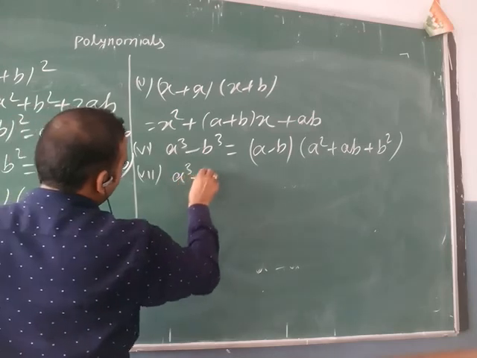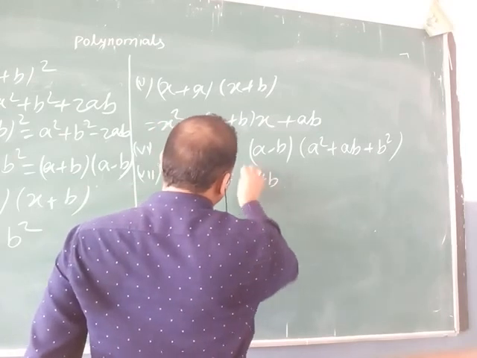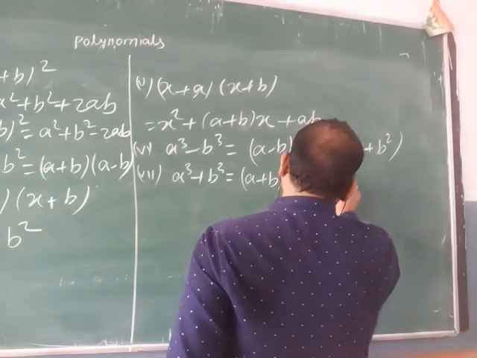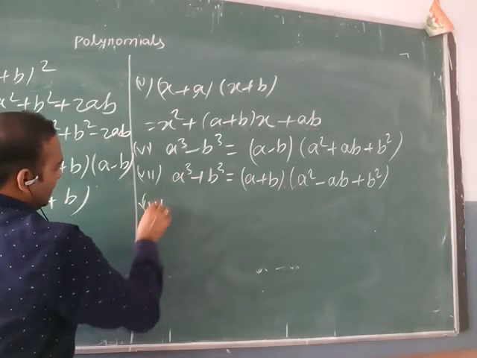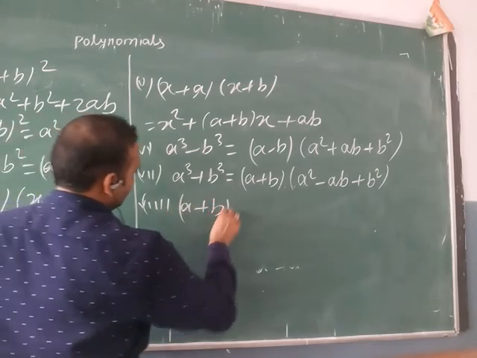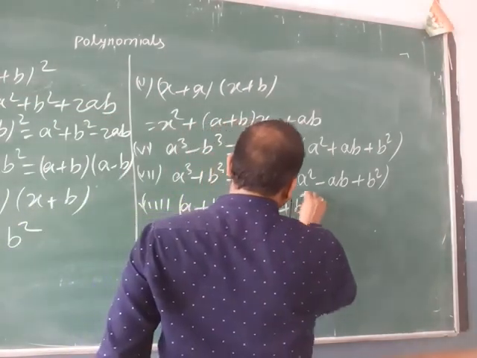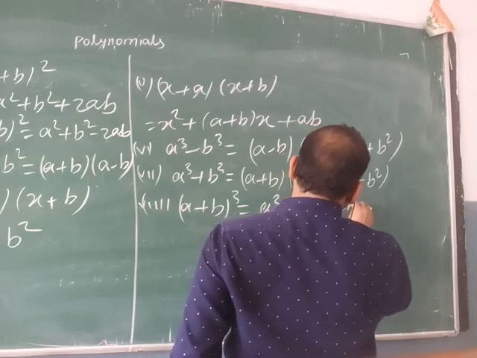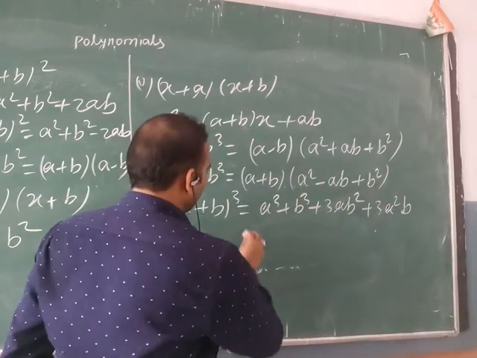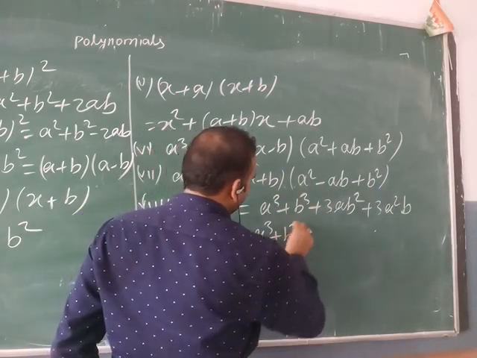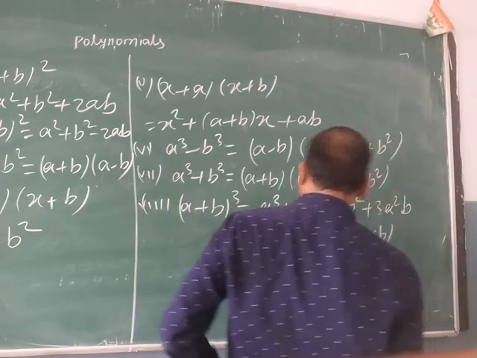Next one is a cube plus b cube, that is (a plus b)(a square minus ab plus b square). (a plus b) whole cube is a cube plus b cube plus 3ab square plus 3a square b, that we can write as a cube plus b cube plus 3ab(a plus b).